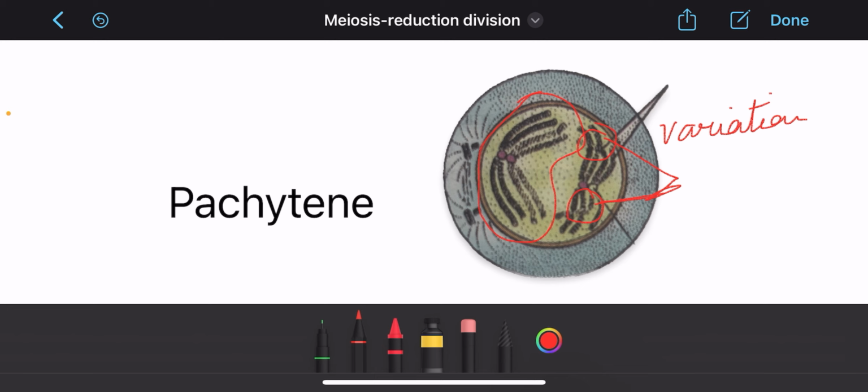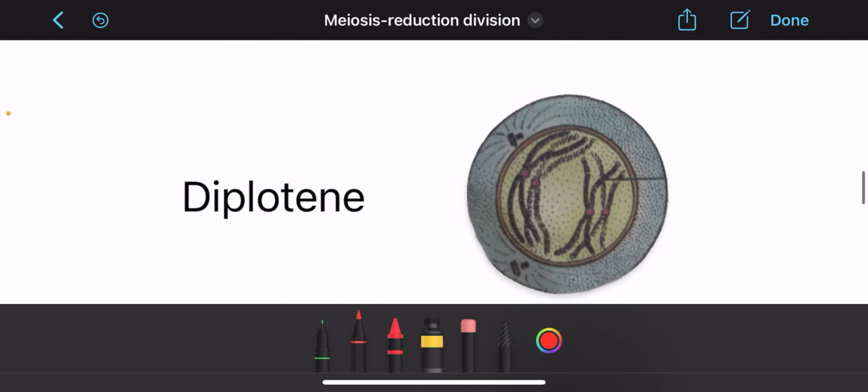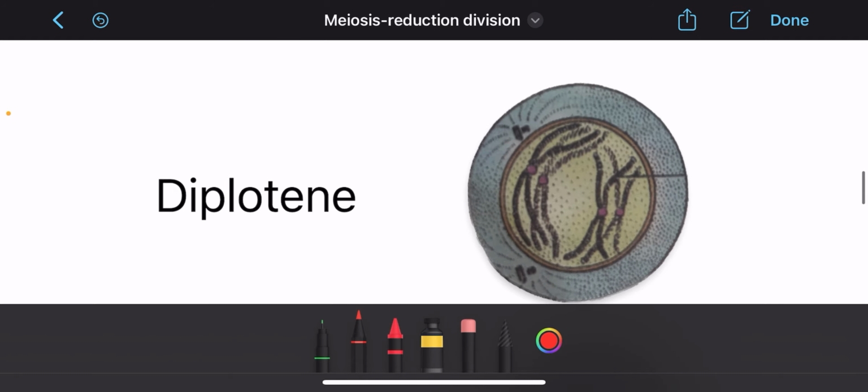After this stage, the cell enters into diplotene stage. Now the chromosomes start moving far apart. During this separation, the homologous chromosomes form bivalents and are seen attached with each other at one or more points. Like you can see over here, the chromosomes are being attached at different points, forming chiasma.